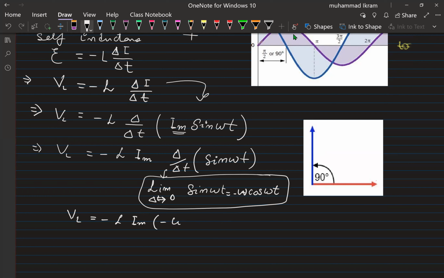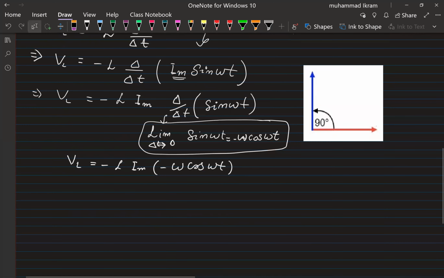So minus omega cos omega t, and then VL will become minus L omega Im into cos omega t.